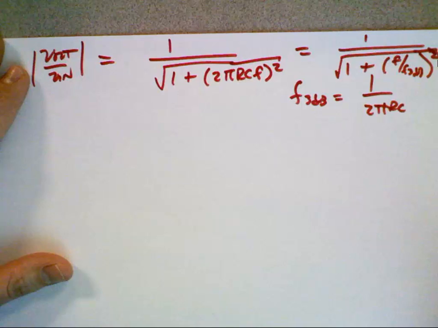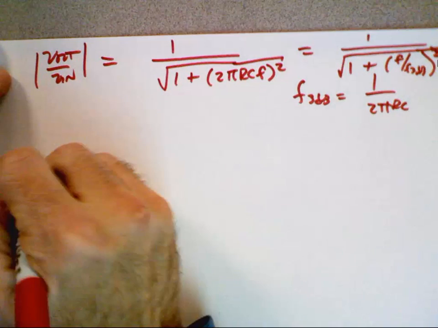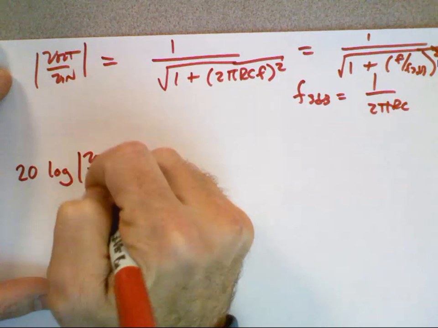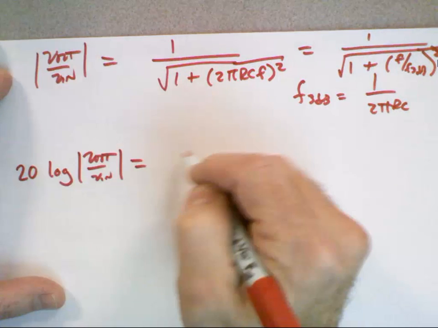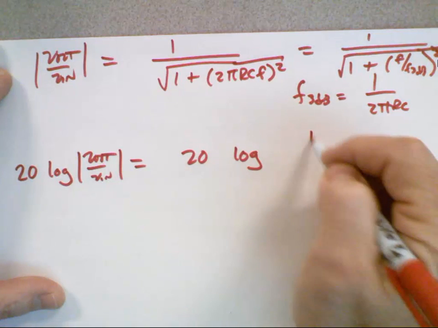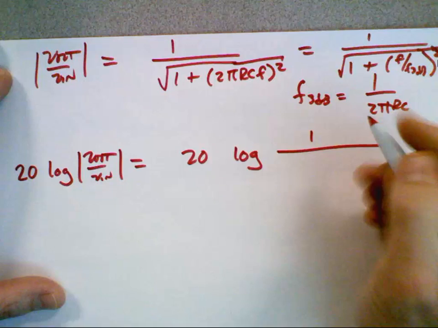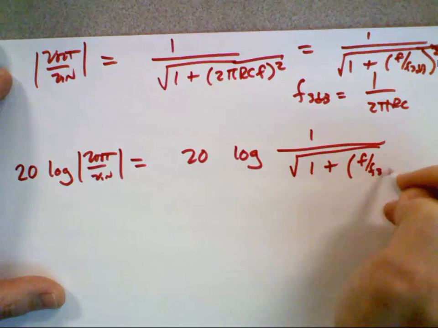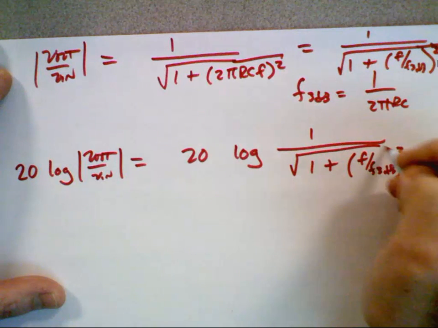Yay? Okay, so let's do 20 log of V out over V in, which is 20 log of 1 over this magnitude, the square root of 1 plus (F over F 3 dB) squared.